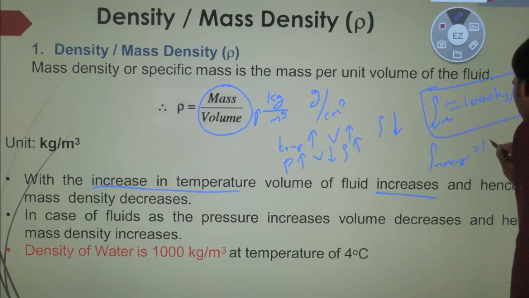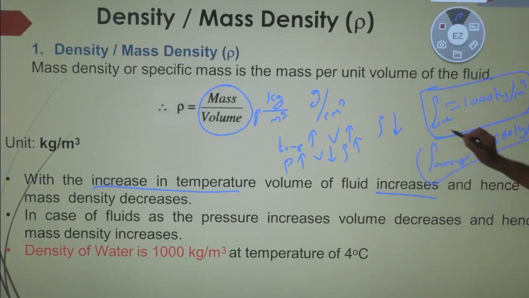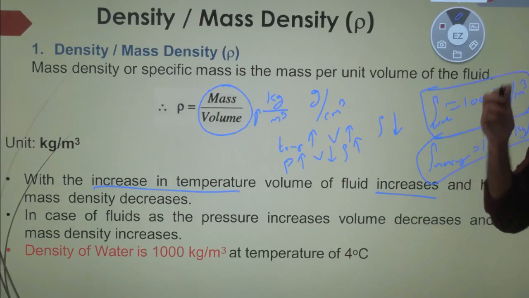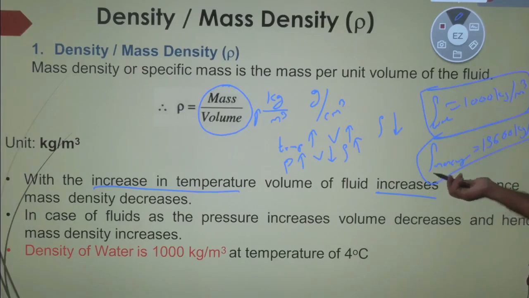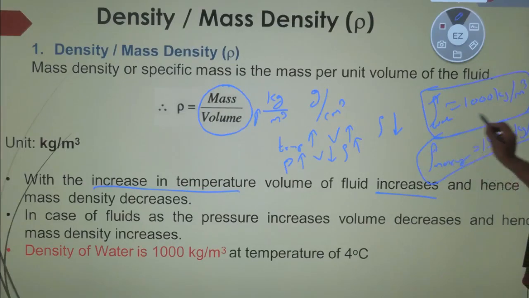The density of mercury is 13,600 kg per meter cube. These are the two things you have to remember, which may not be given in most of your problems. If they mention that mercury or water is used, then you have to assume the density of water is 1000 kg per meter cube and the density of mercury is 13,600 kg per meter cube.